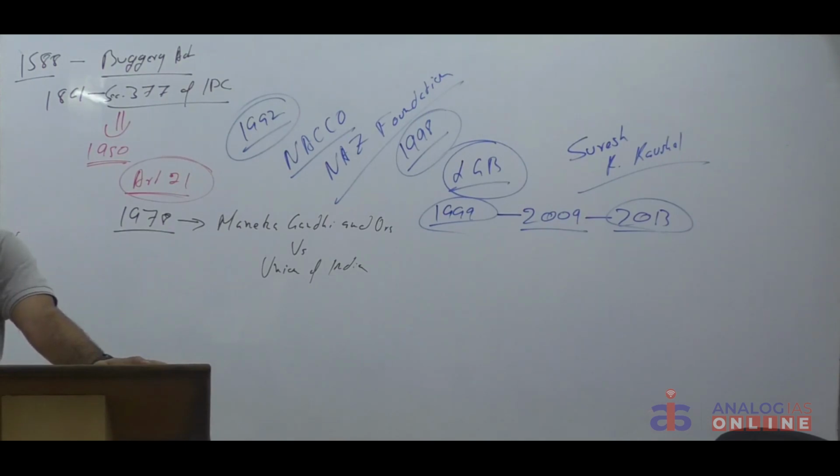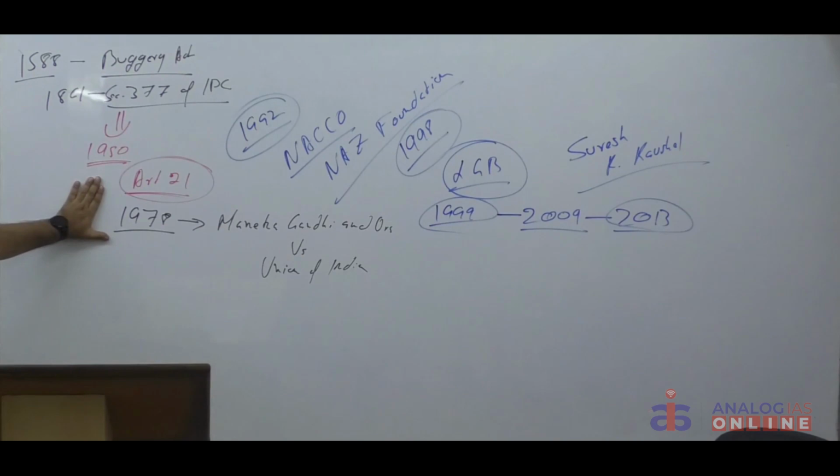So the Supreme Court says that, see, we do accept that Section 377, by making homosexuality a criminal offense, is violating Article 21. But to make laws is the job of the legislature.